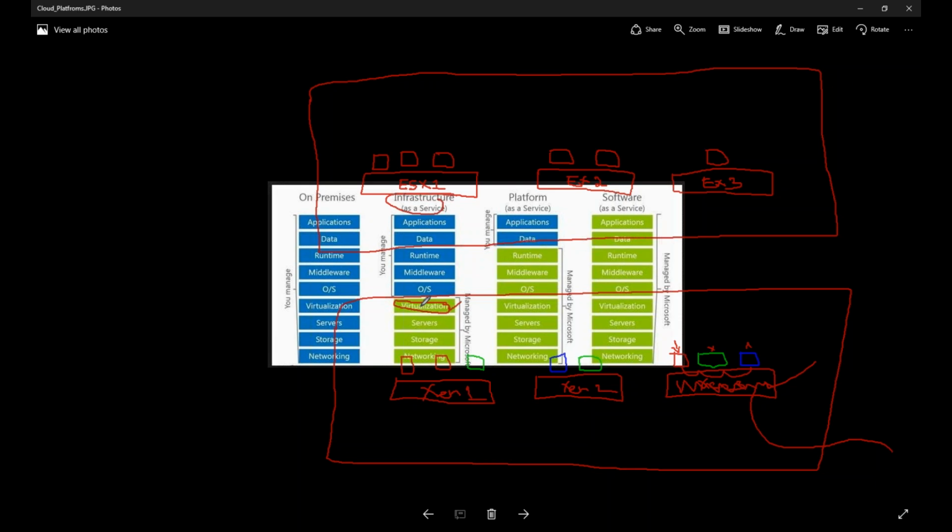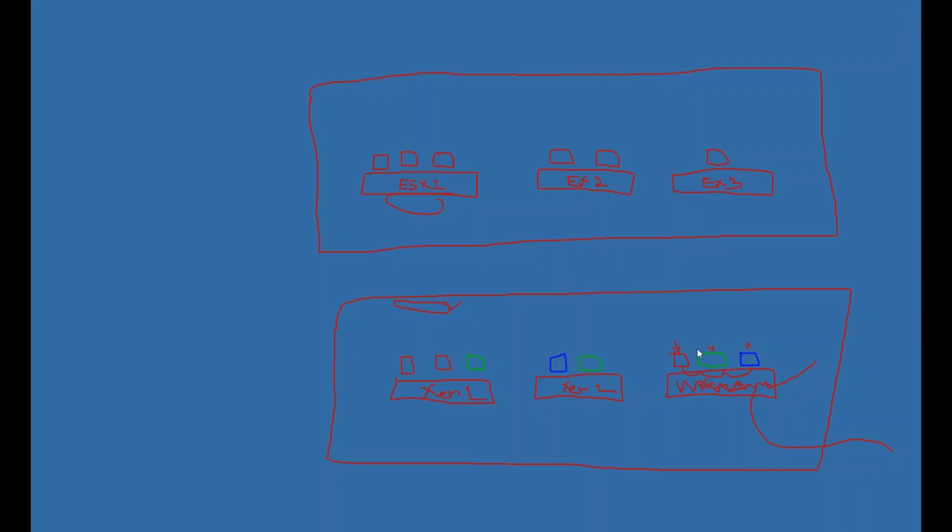So it is not in your hand, absolutely not in your hand. If somebody compromises the Xen server, then there is a possibility that your VMs, which belong to somebody else, can be compromised.